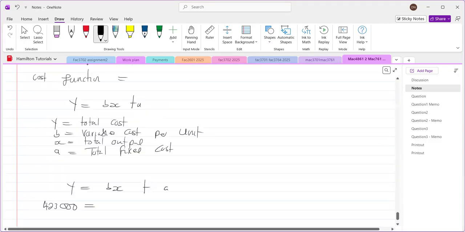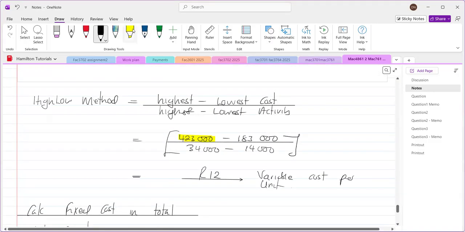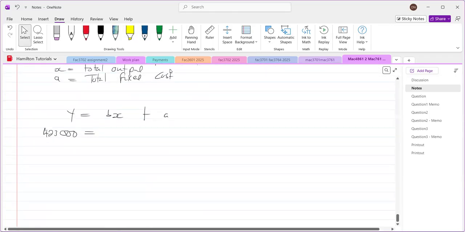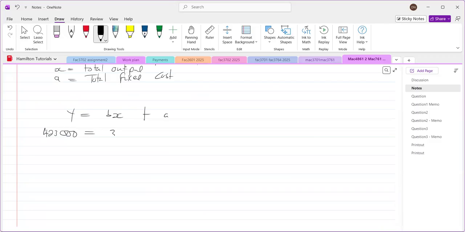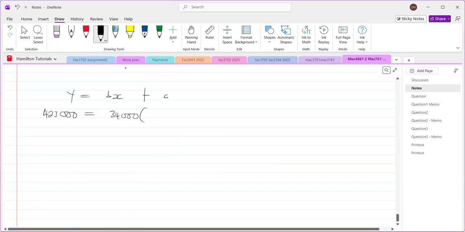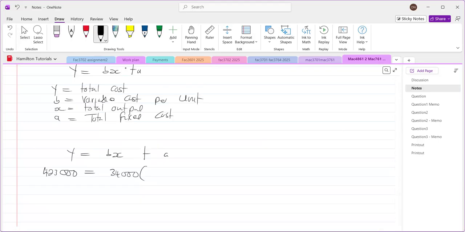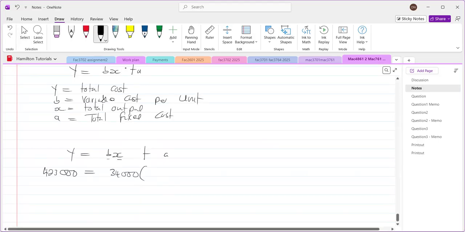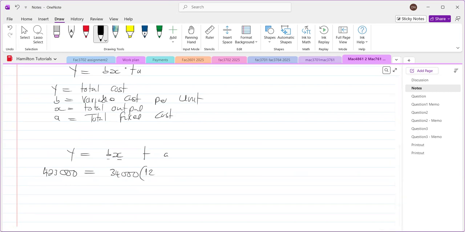Because I've taken the total cost there, I now need to take the output, which is 34,000. That's my x. Then b is my variable cost per unit, which I have just calculated, which is the 12 rand. So remember, it's the variable cost per unit multiplied by output. a is the missing item. Then I solve for a.